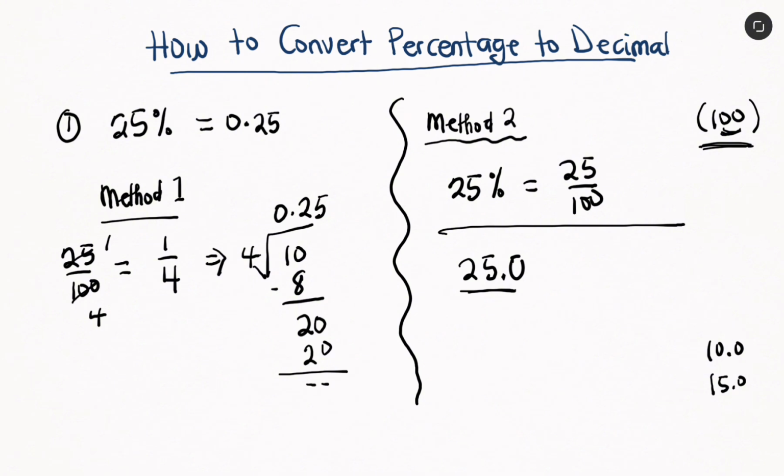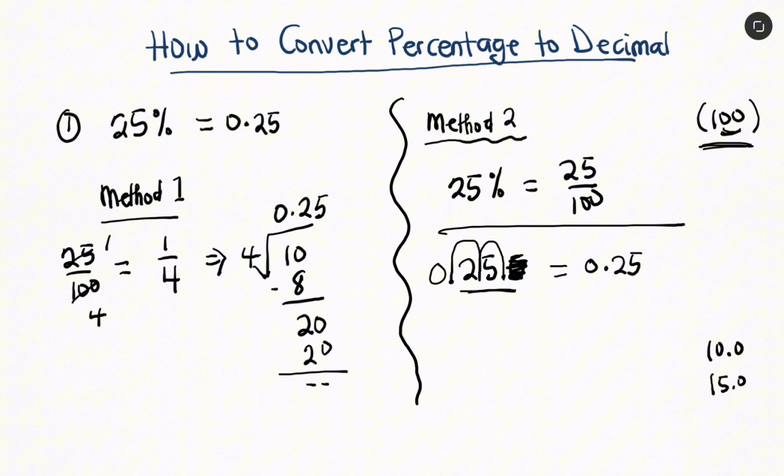So I move it like this: 1, 2. Are you okay? Now this 0, we can remove it, or we can keep it, but know that the decimal point is over here. So the decimal point will now be here, and we can add 0 over here. So this will give me 0.25.